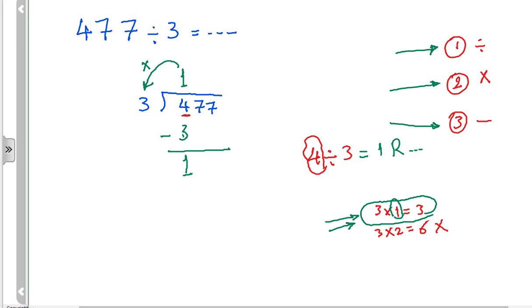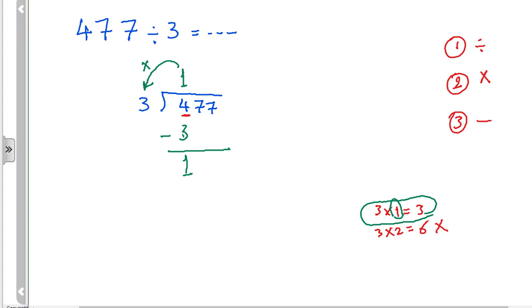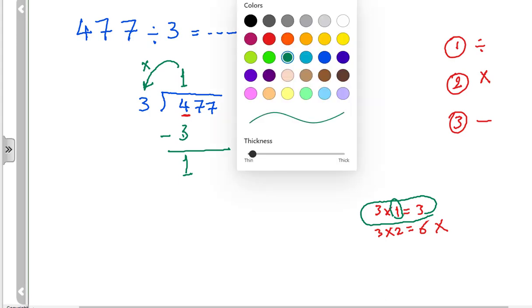Okay, now my heroes, we've finished the 4. And we can move to another digit. So when you finish one digit, you can move to the other digit. Okay, in this case, I will move to the next digit, which is 7.